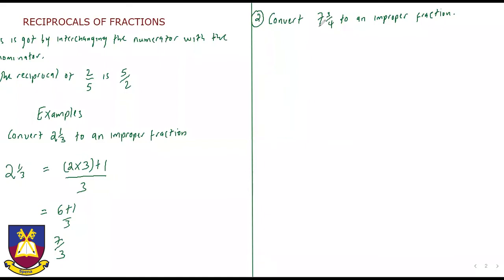Convert 7 whole numbers and 3/4 to an improper fraction. So 7 whole numbers and 3/4 will be the same as, multiply the whole number, 7 times 4, then add what is up here, 3, everything divided by 4, becomes 28 plus 3 out of 4, which is 31 out of 4.